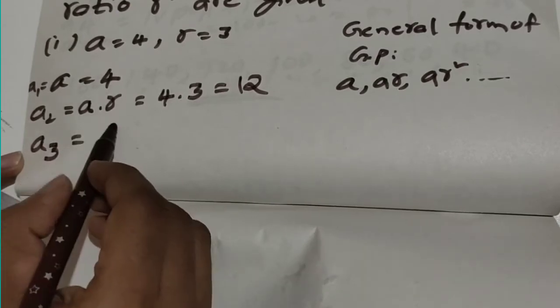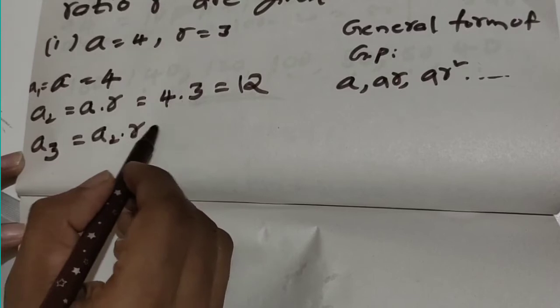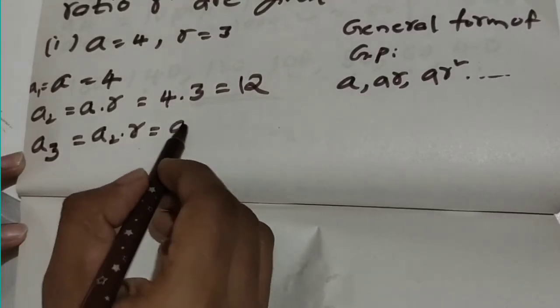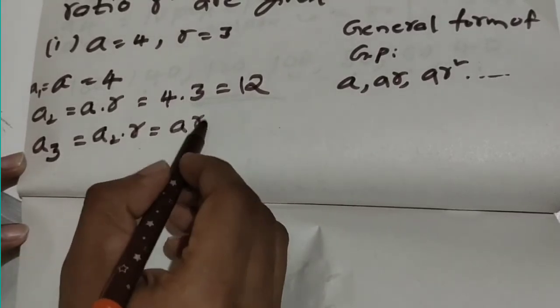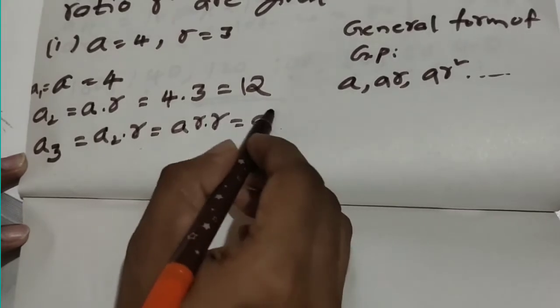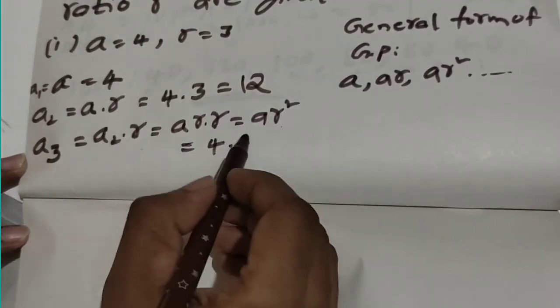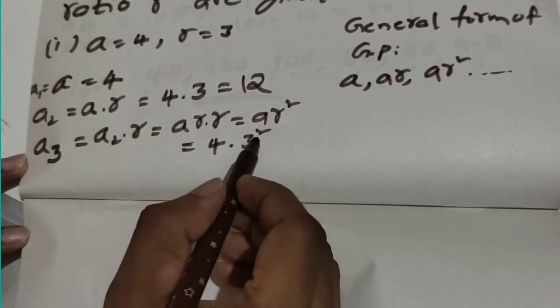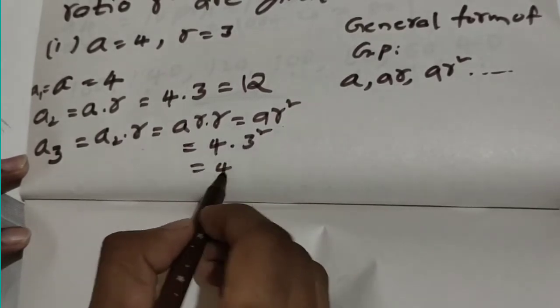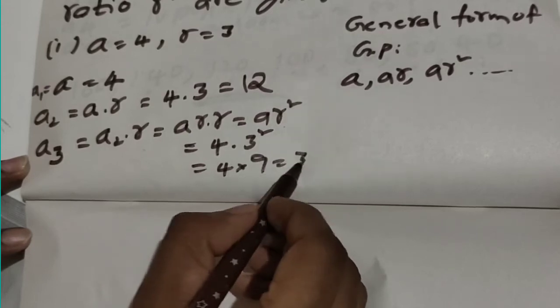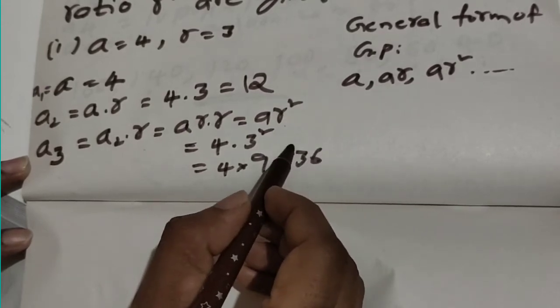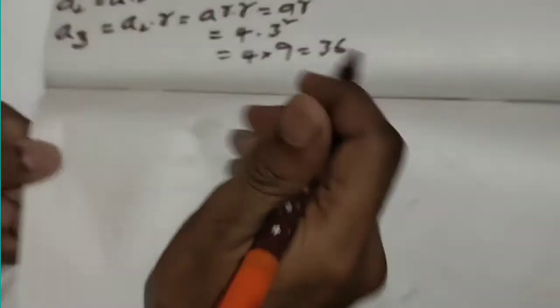And next A3. A3 means simply you have to multiply A2 into R. That is A2 means here AR into R. Simply we can write it as AR square. So here A value is 4, R value is 3. So the answer is 4 into 9, simply 36. So these are the first 3 terms.